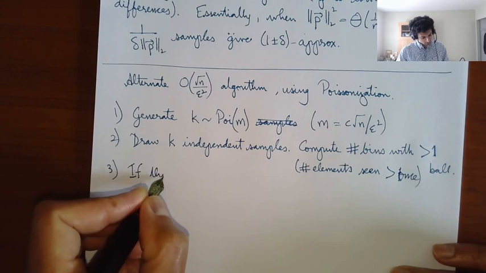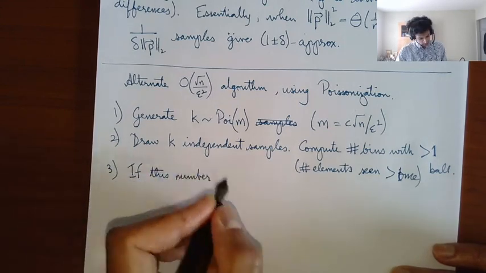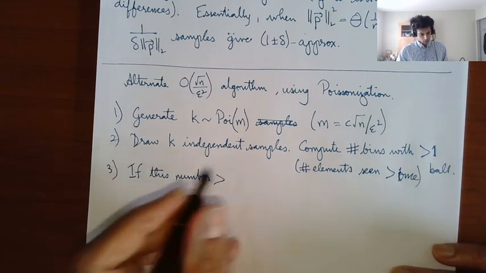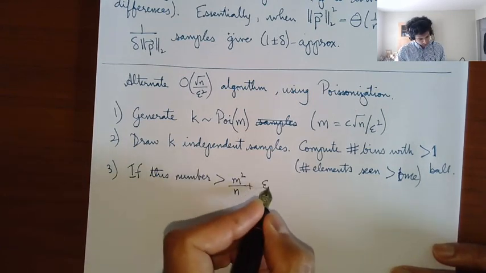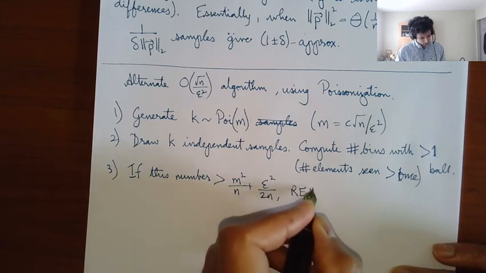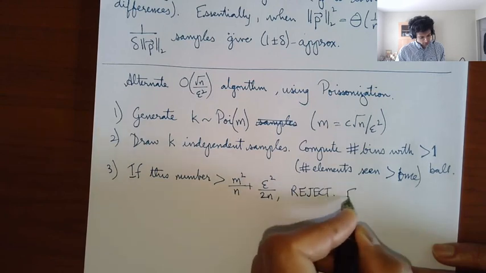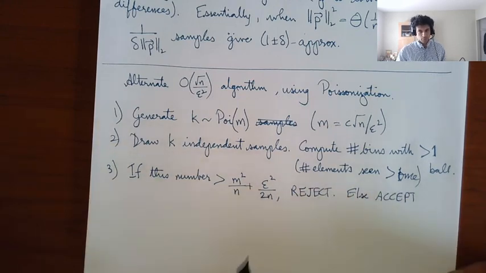If this number is more than, and he explicitly writes out, m squared over n plus epsilon squared divided by 2n, reject, else you accept. So this is exactly what his analysis is.